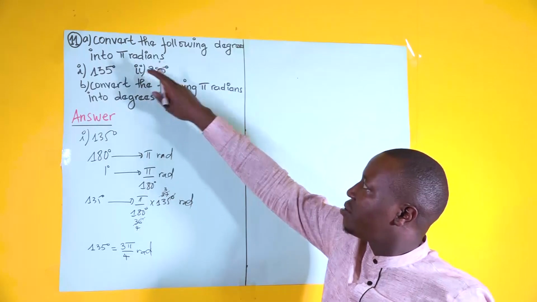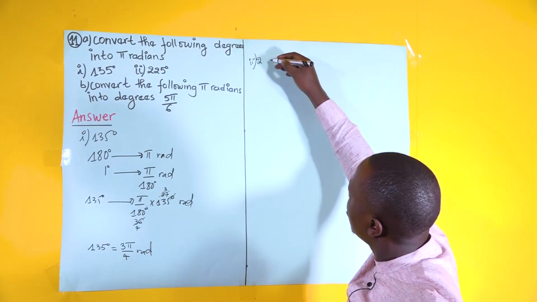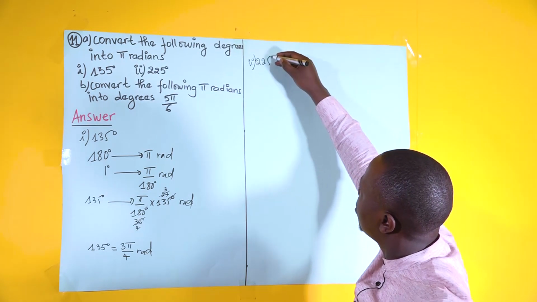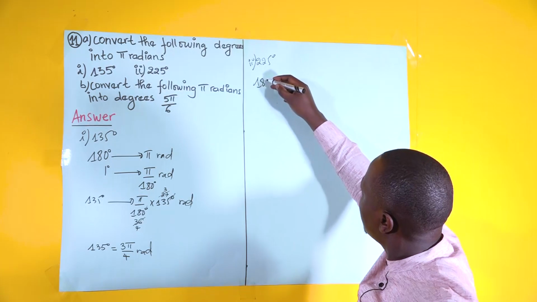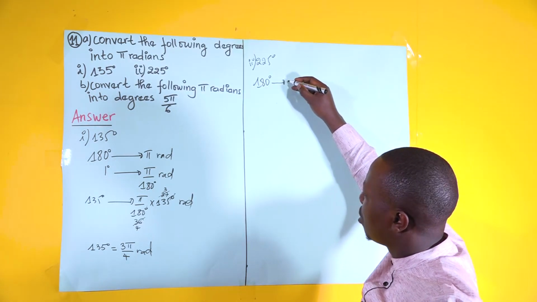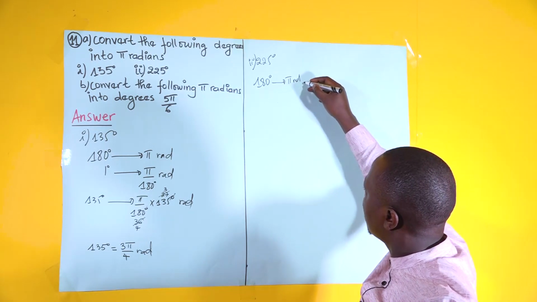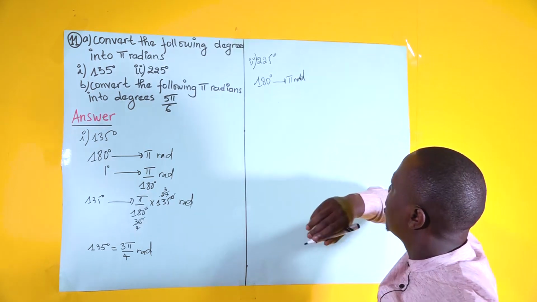We have another degree here, number 2, 225 degrees. So 180 degrees, we have seen, corresponds to pi radians, right?